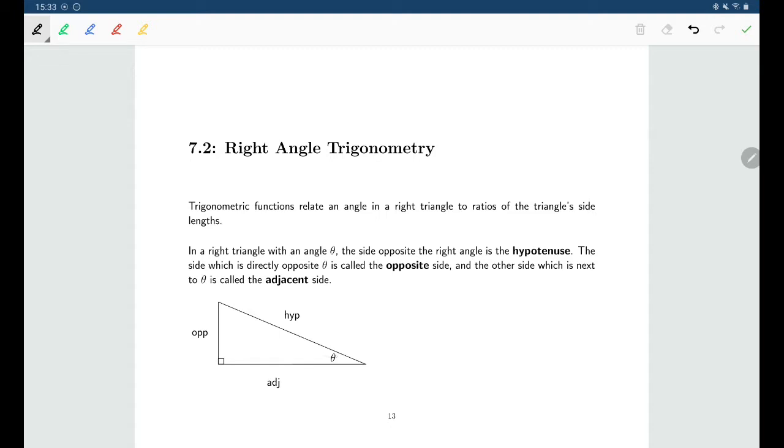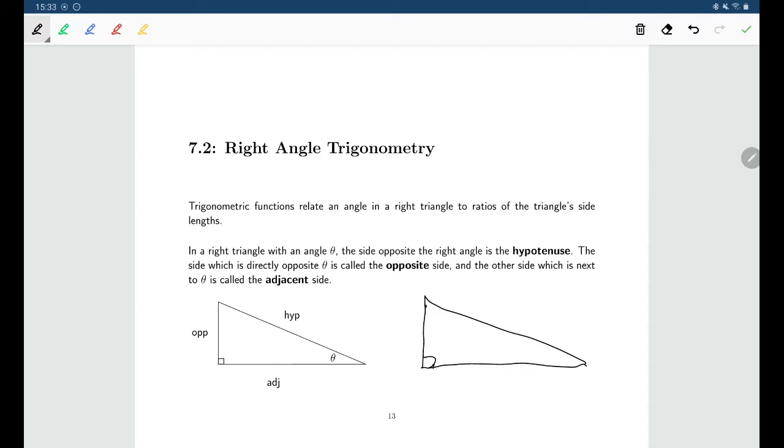And if we're talking about an angle theta that happens to be inside of this right-angle triangle, then in addition to that hypotenuse, you'll also have one side that's opposite that angle and one side that's adjacent to that angle. Now, which side is opposite and which side is adjacent really depends on where you are thinking about that angle theta being.